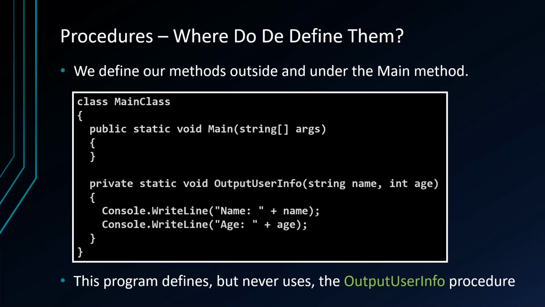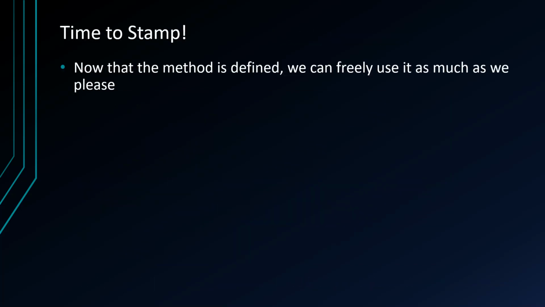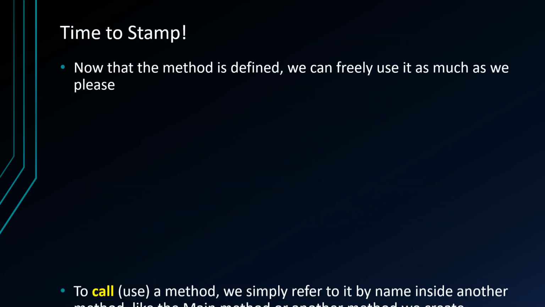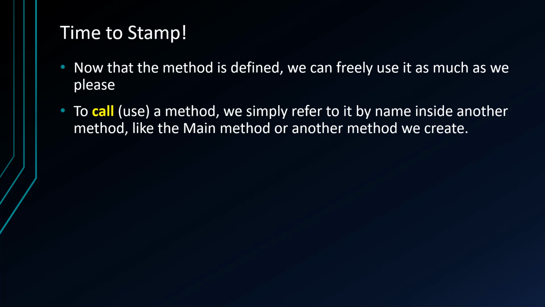So now we know how to define them. We know where to define them. But how do we actually use it? It's time to stamp. We can freely use it as many times as we want. To call or use a method, we simply refer to it by its name, just like when you call WriteLine, you just refer to it by its name.